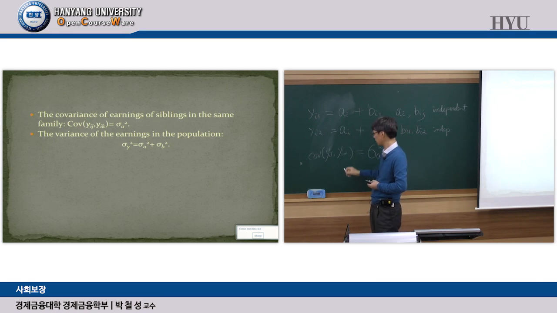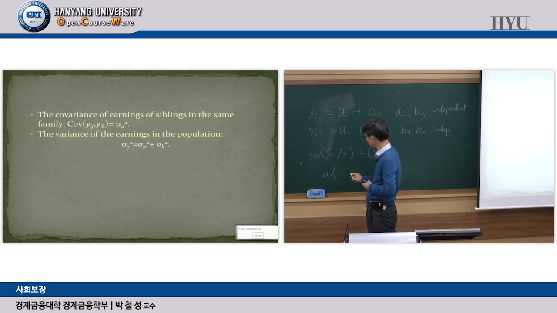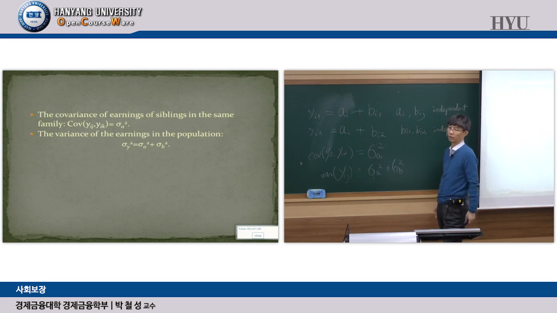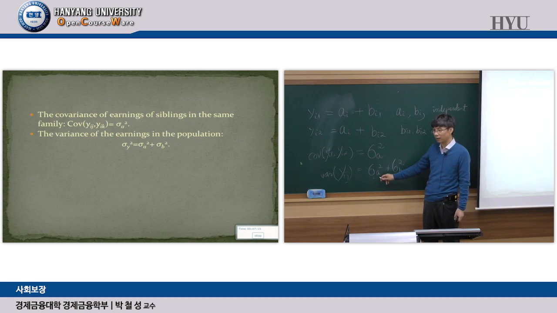They are independent, so there is no covariance. So the variance of the whole population, Yij, which is everyone, is just sigma A squared plus sigma B squared. It basically means the variance of the whole population is the variance of each family's common factor plus the variance of individuals' factors.